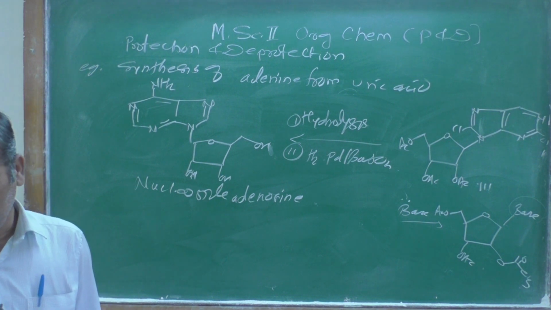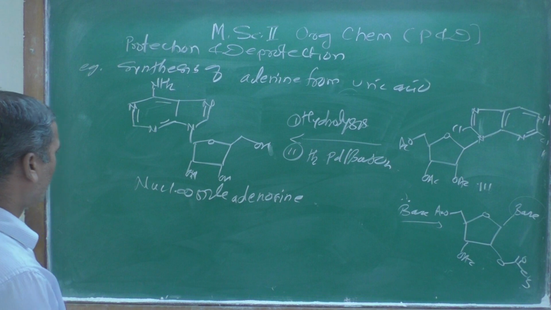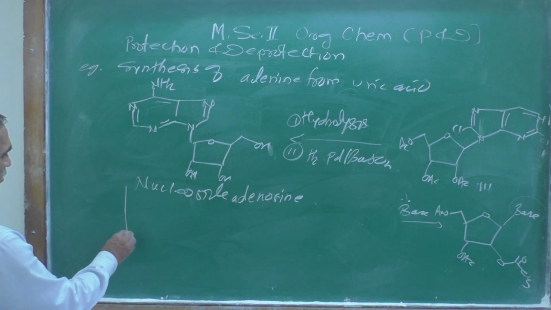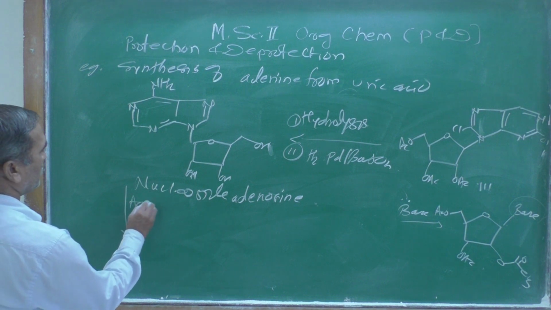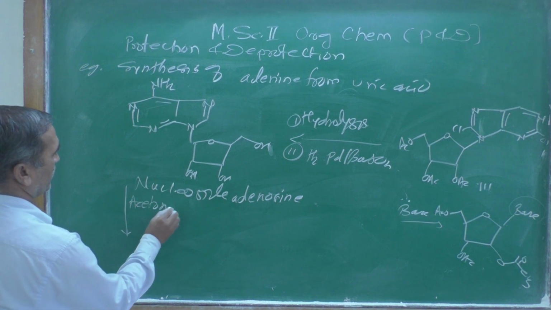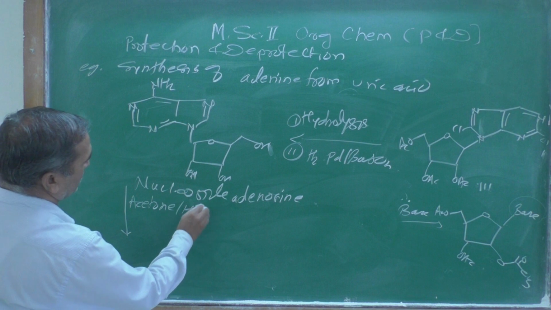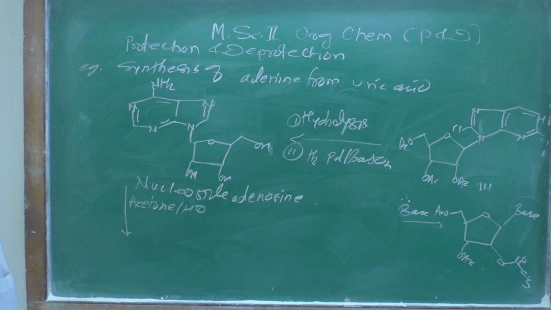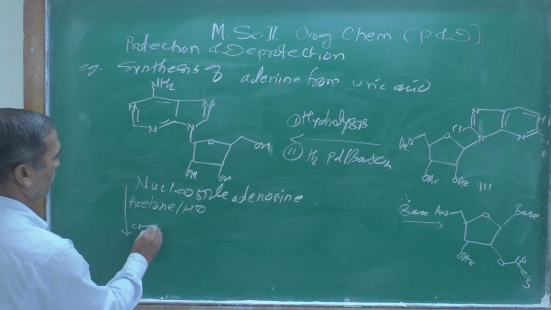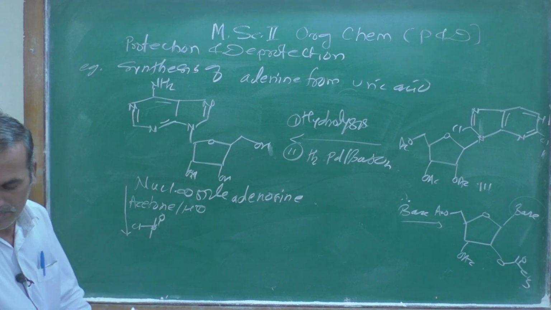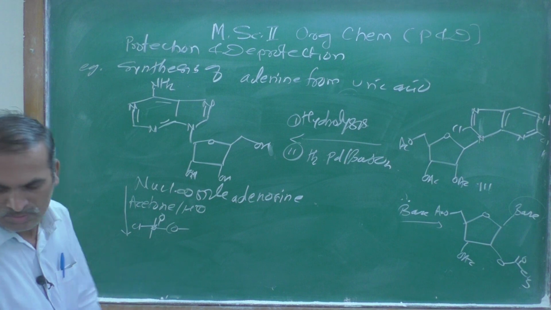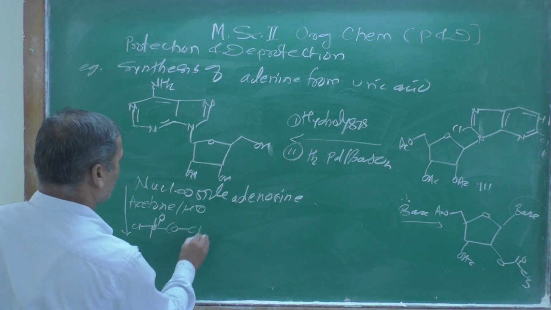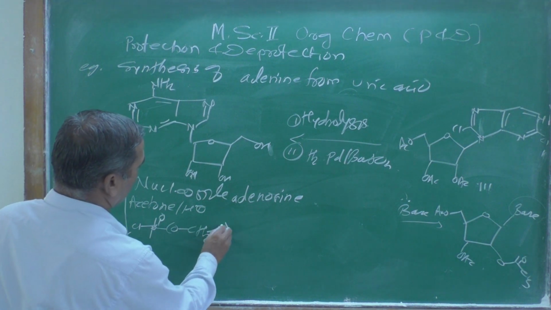This structure is further treated with, first, acetone in presence of H plus, and second, Cl, P double bond O, then OCH2Ph, OCH2Ph.